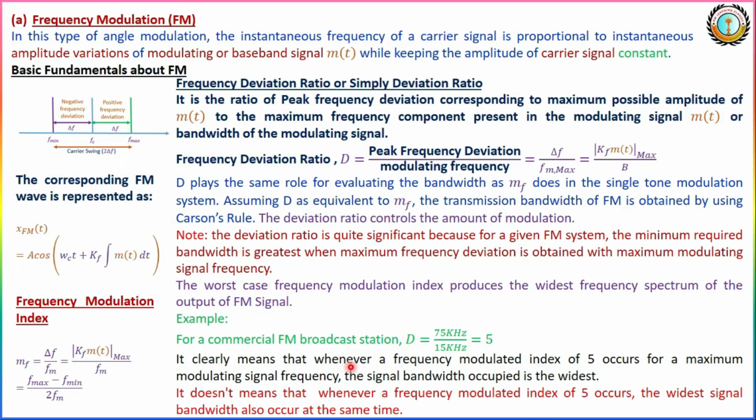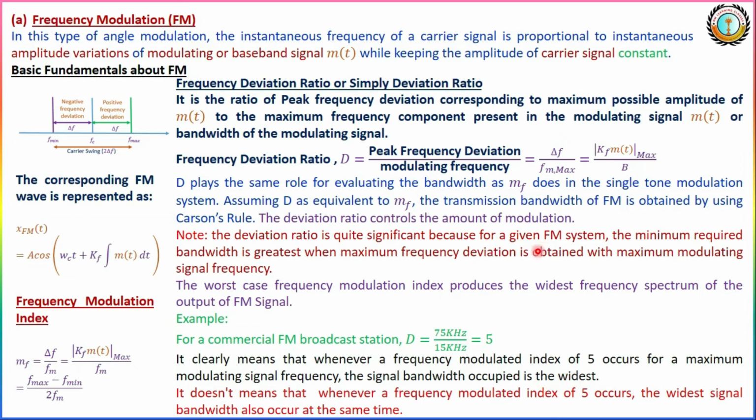So it shows that whenever a frequency modulation index of 5 occurs for a maximum modulating signal frequency, the signal bandwidth occupied is the widest.